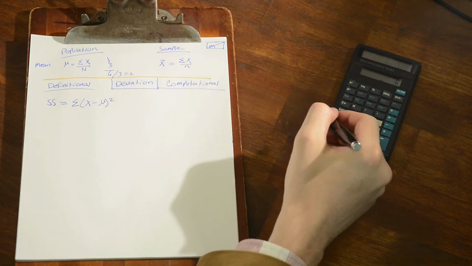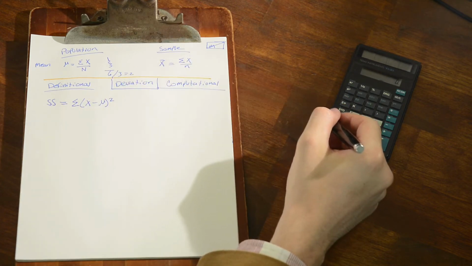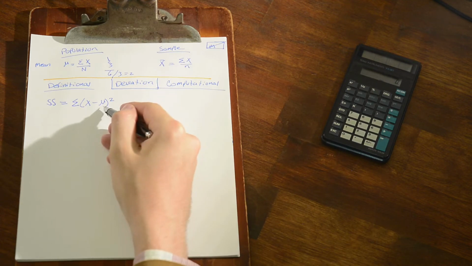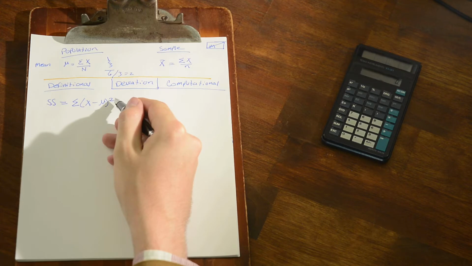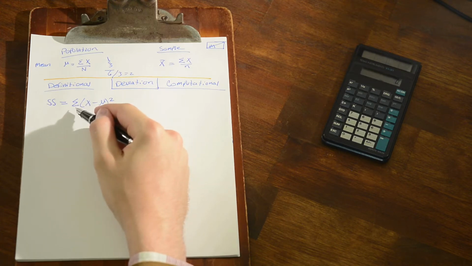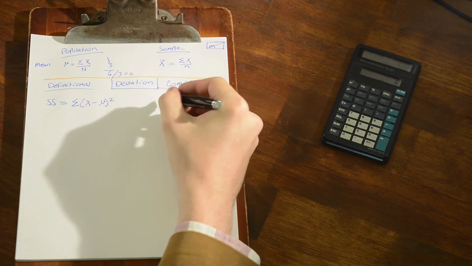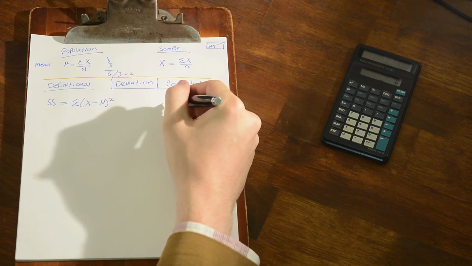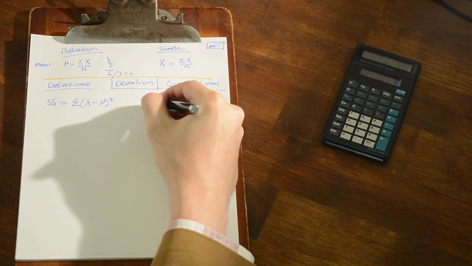So we would take each value, subtract it from the mean, square those values, and we sum them up, then we get our answer.